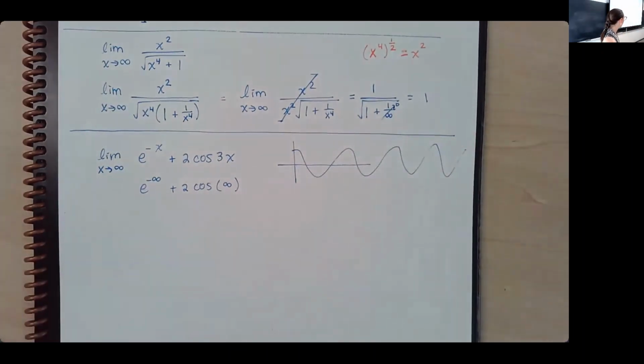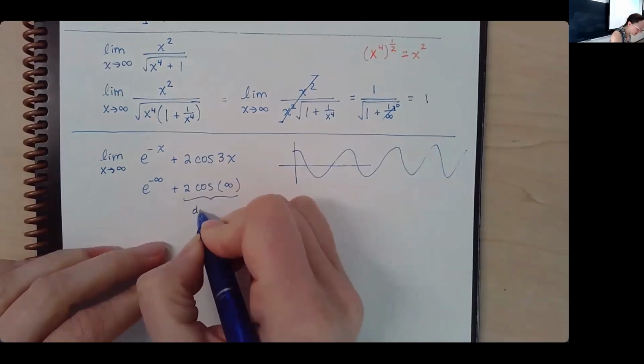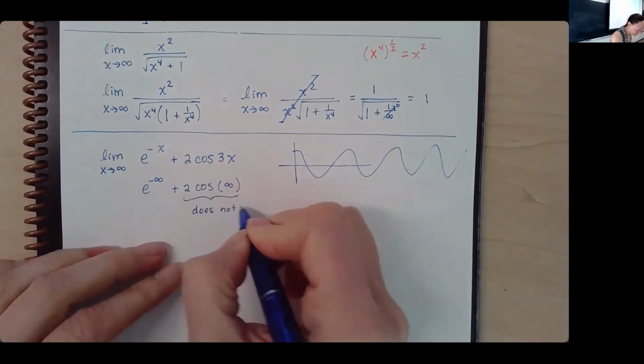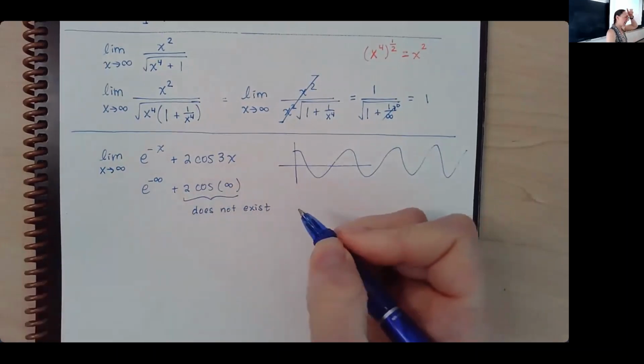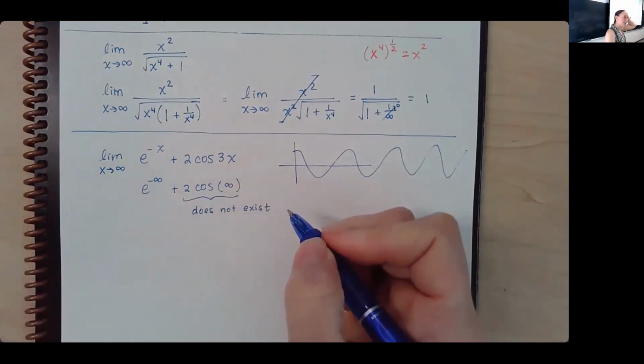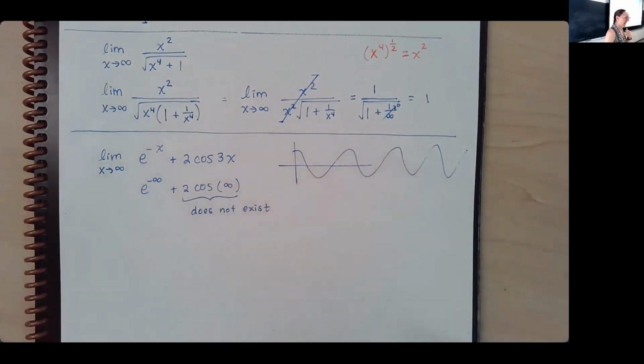It never settles down to a single value. The limit for cosine is not going to converge. We don't get a value out of this. So this part does not exist.